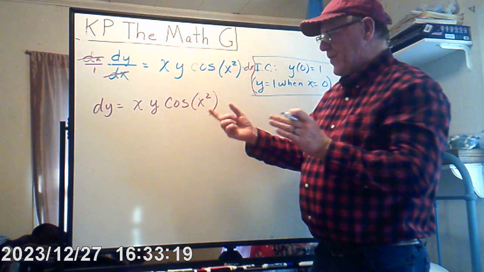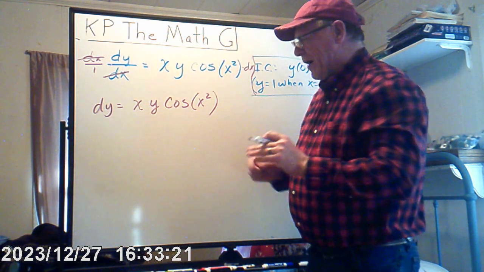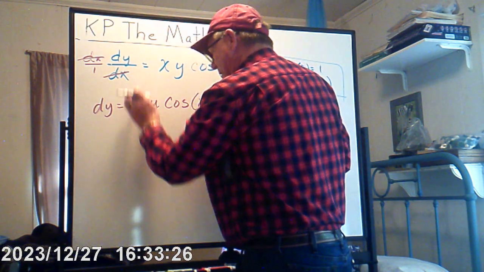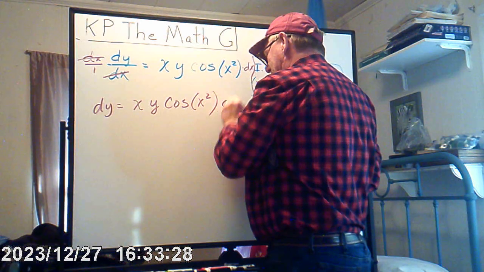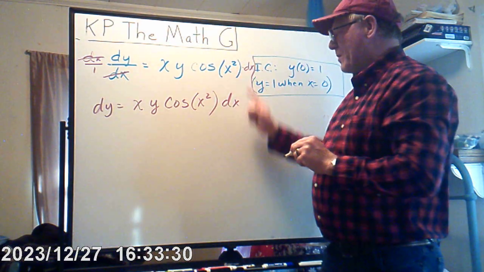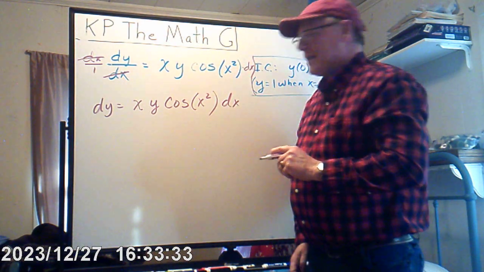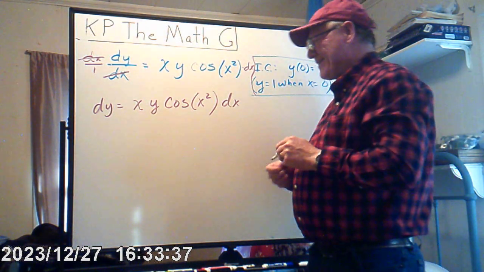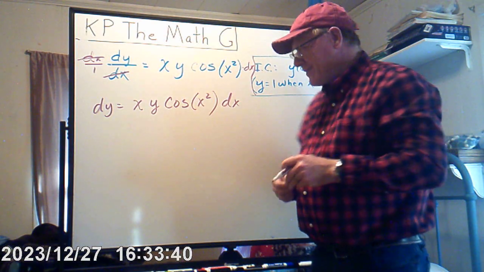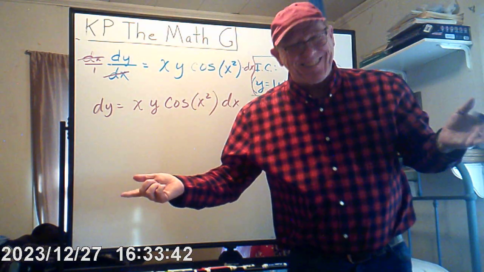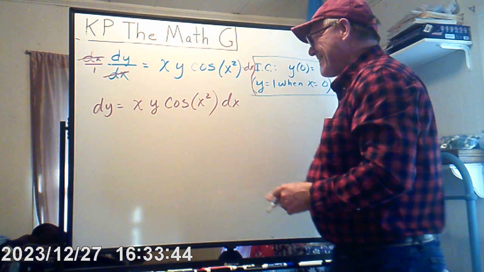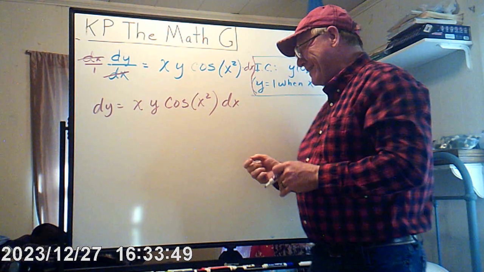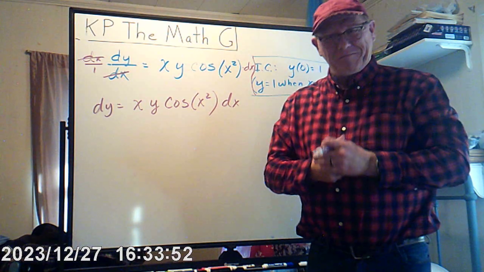Everything looks pretty good, we're almost there. It would be nice if this y were with the dy here. Oh, I've got my dx here. Almost forgot, I just multiplied both sides by dx. You know, I'm still KP the Math G, and sometimes KP the Math G misses something, but I still caught it, so it's all good.